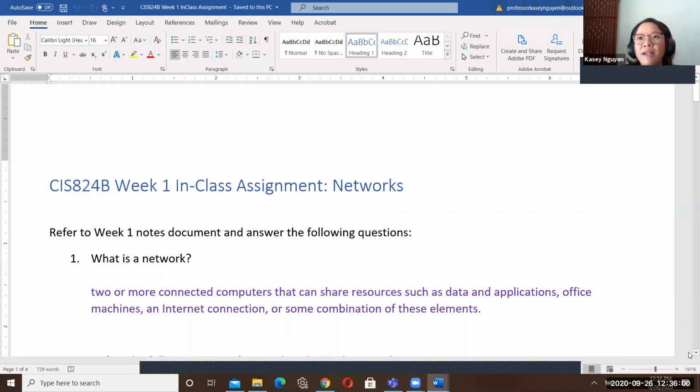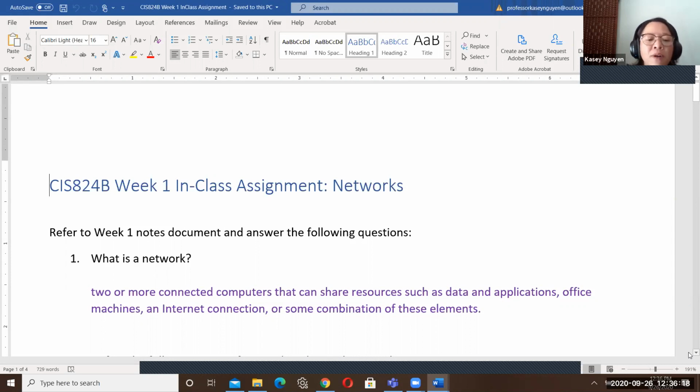I can use my smartphone, right, to connect to the internet, connect my laptop to the internet, etc. So we can use another system to connect to the internet.